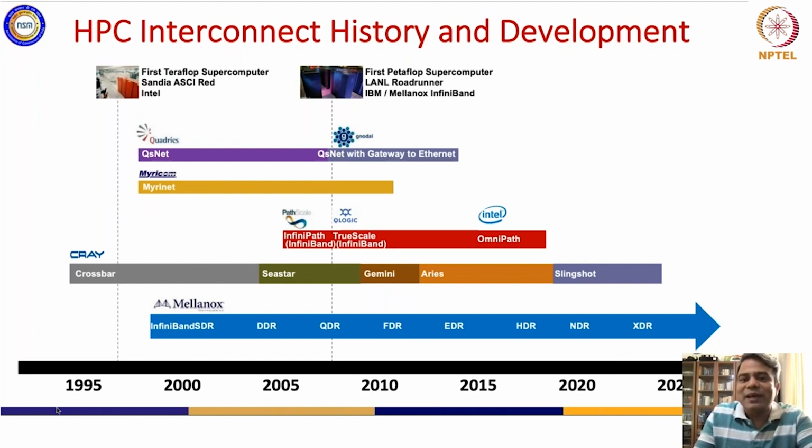If you're looking at synchronous compute and communication, the time spent on moving data from one point to the other is time wasted. So you had to have the latency be as small as possible.